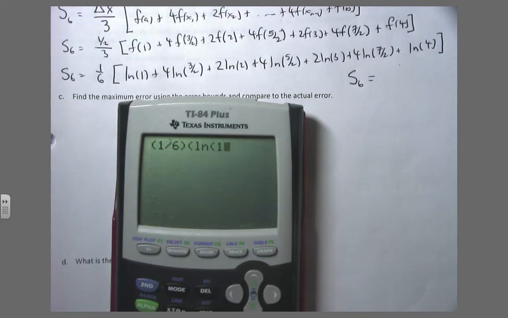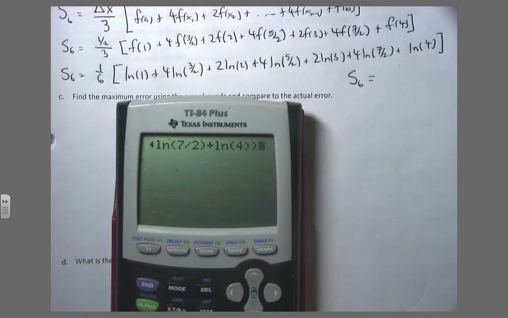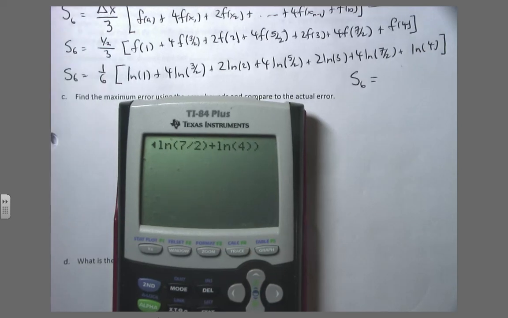It's the natural log of 1 plus 4 times the natural log of 3/2 plus 2 times the natural log of 2 plus 4 times the natural log of 5/2 plus 2 times the natural log of 3 plus 4 times the natural log of 7/2 and then plus the natural log of 4. Then close the parentheses for the whole sum, and close the parentheses for the 1/6 multiplied out front.